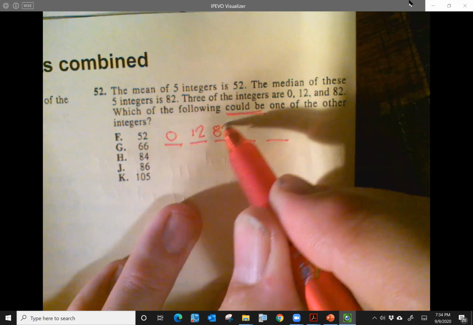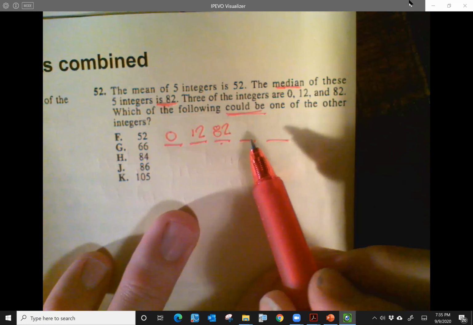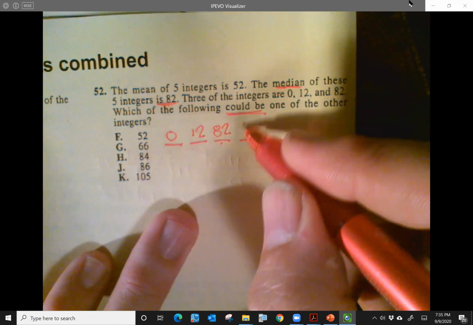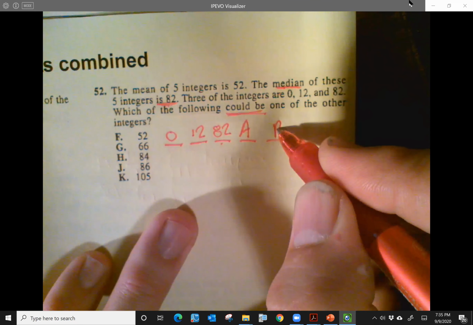I feel pretty confident having the 82 in the middle because they're telling us the median is 82, right? Now, I'm not sure what these other 2 numbers are. They want to know which of them, what could it be? Well, I'm going to call this number A, and I'm going to call this number B. I'm not sure what they are.